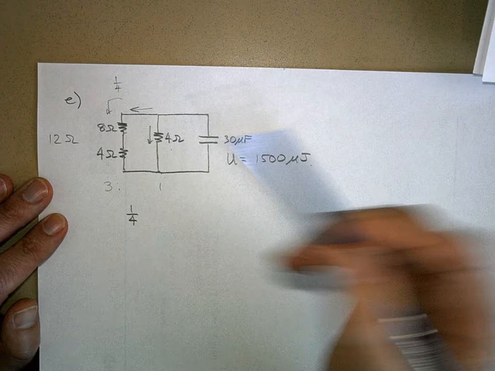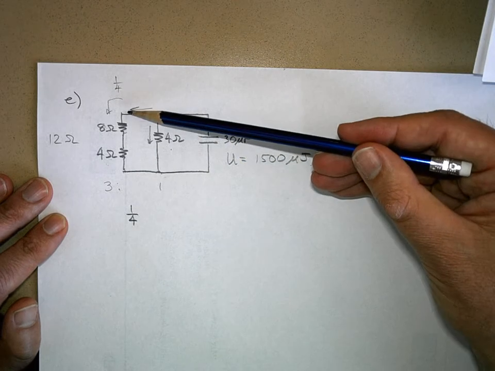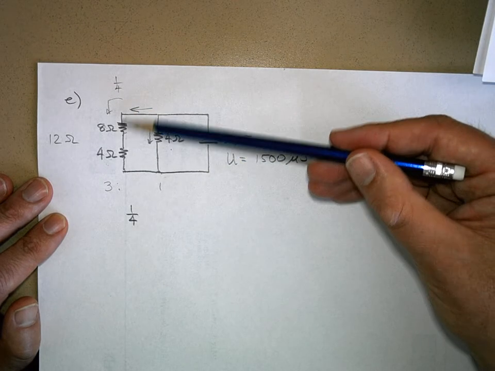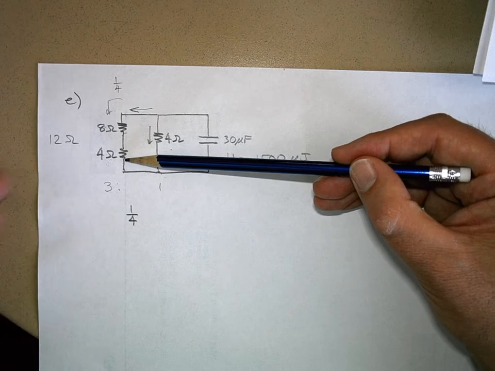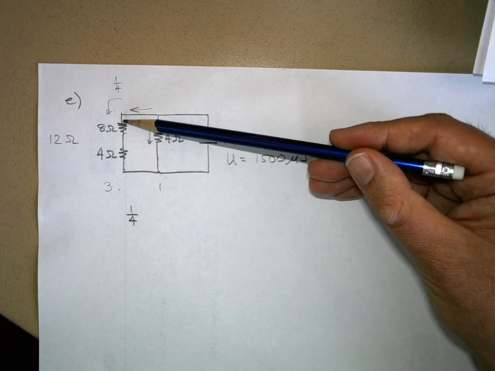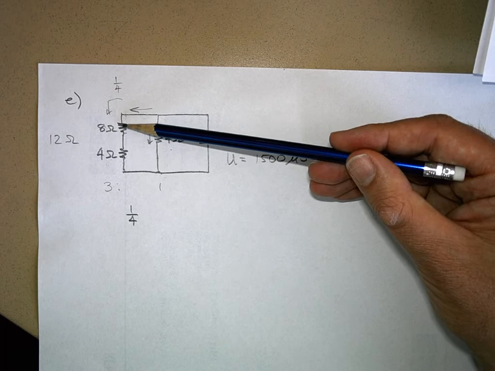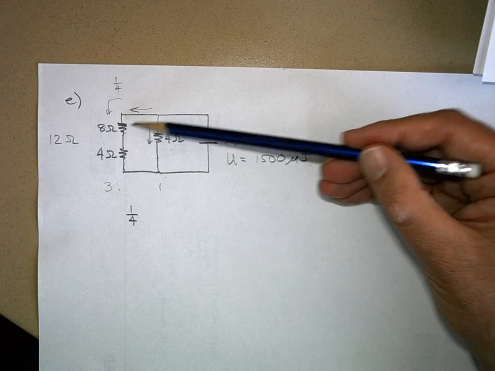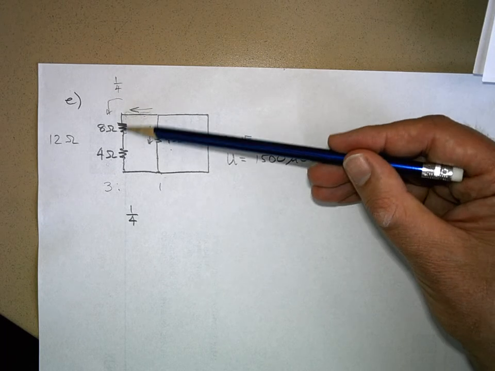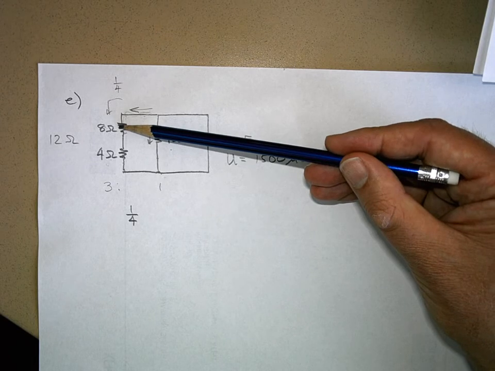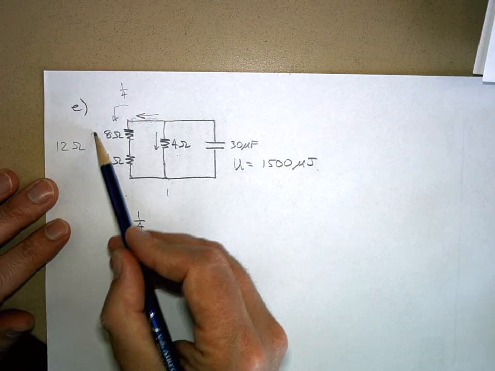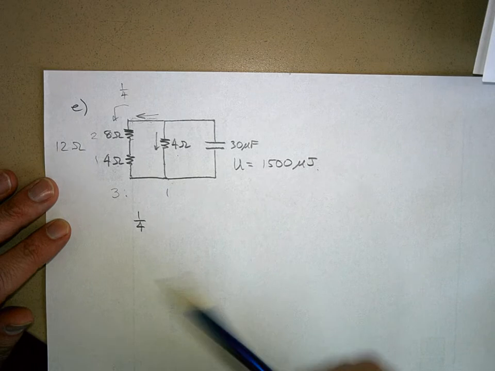Now, for that, what fraction of the energy carried by the current through here is going to go out the 8 ohm? Well, there's a 2 to 1 ratio here, and 2 plus 1 is 3.